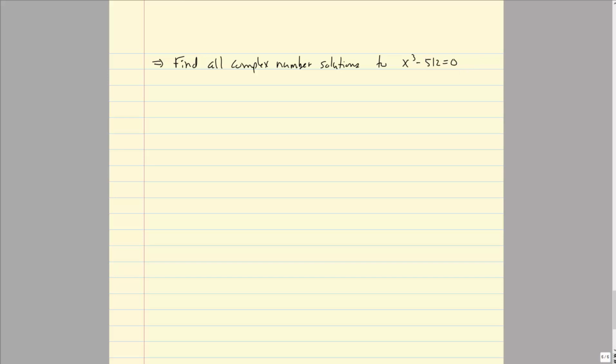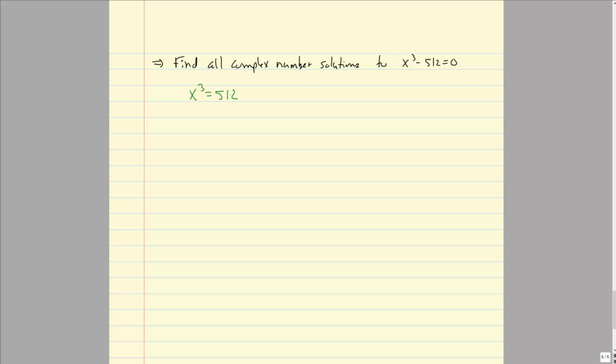So from here, I can go through the same steps I've just done before. I'm going to write this in polar form, and then from polar form I will apply that kind of reverse DeMoivre's and find my solutions. So to get started, let's go ahead and add the 512 across.